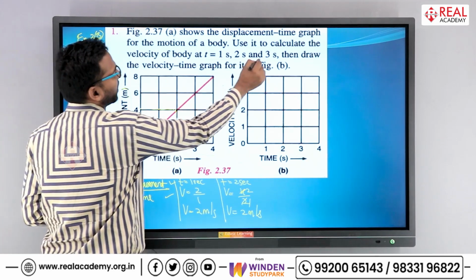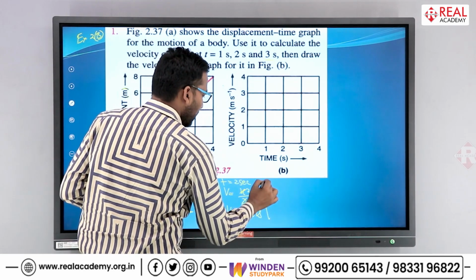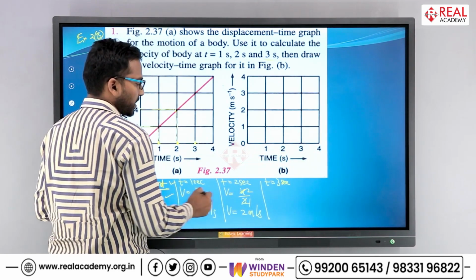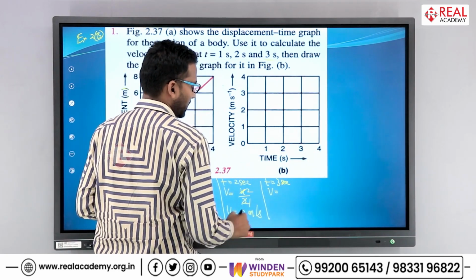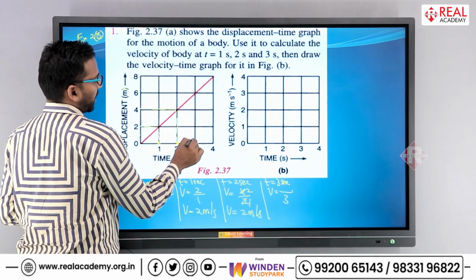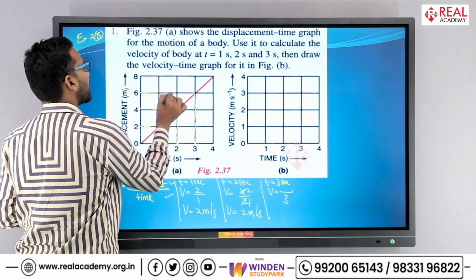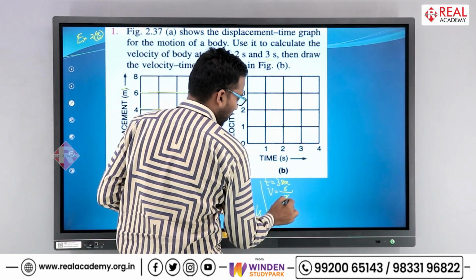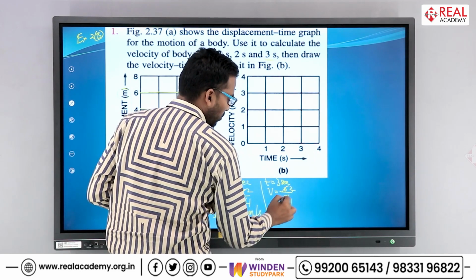And the last one is t equal to 3 seconds. If we take t equal to 3 seconds, what will be the velocity? In the same manner, displacement upon time. Time is 3 seconds. From the graph, for 3 seconds the displacement is 6 meters. So 3 ones are 3, 3 twos are 6.